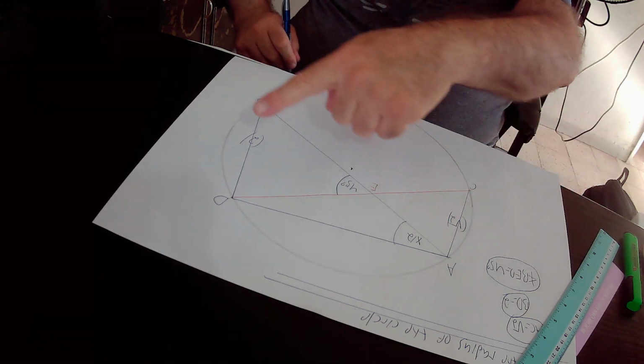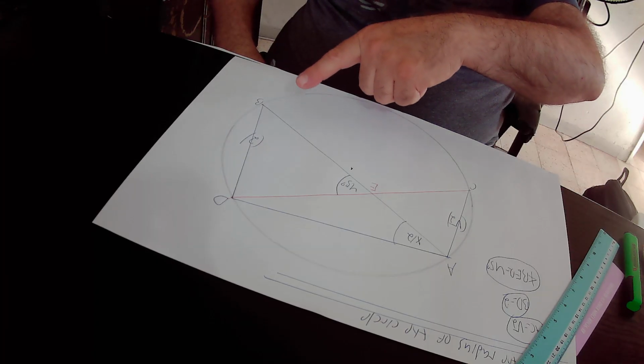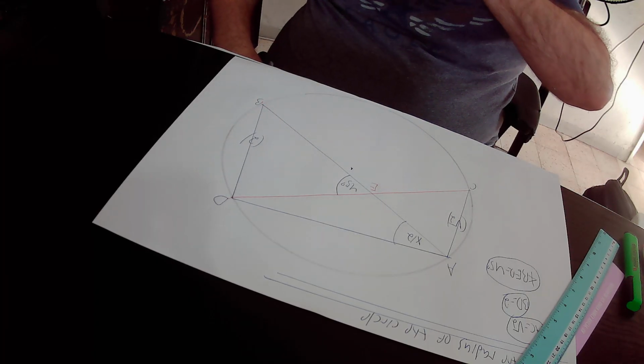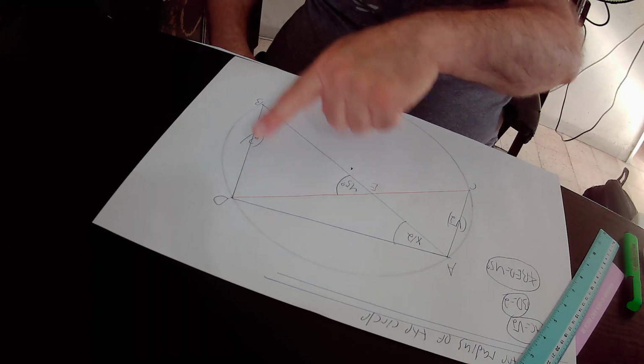Peripheral angle BAD is subtended on chord DB. Again, peripheral angle BAD is subtended on chord DB.